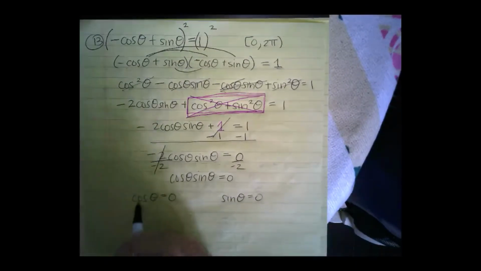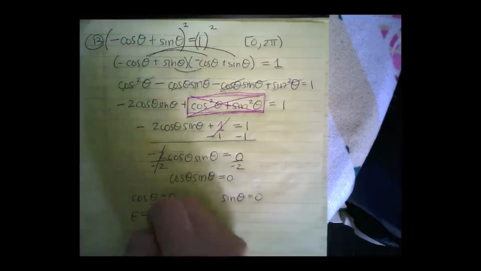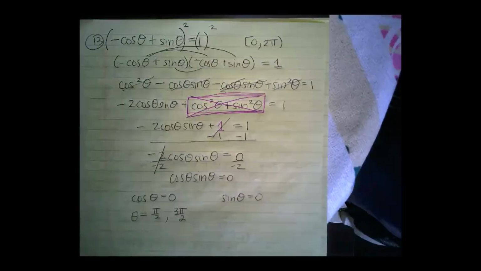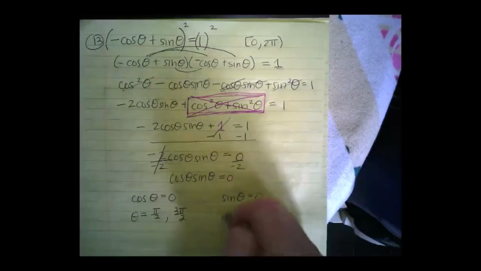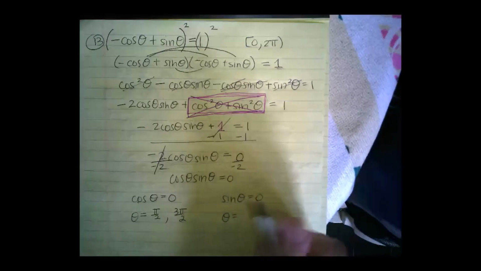So for the cosine equation, theta would be any angle that had an x-coordinate of 0: pi over 2 and 3 pi over 2. For the sine equation, theta would be any angle that has y equal to 0.